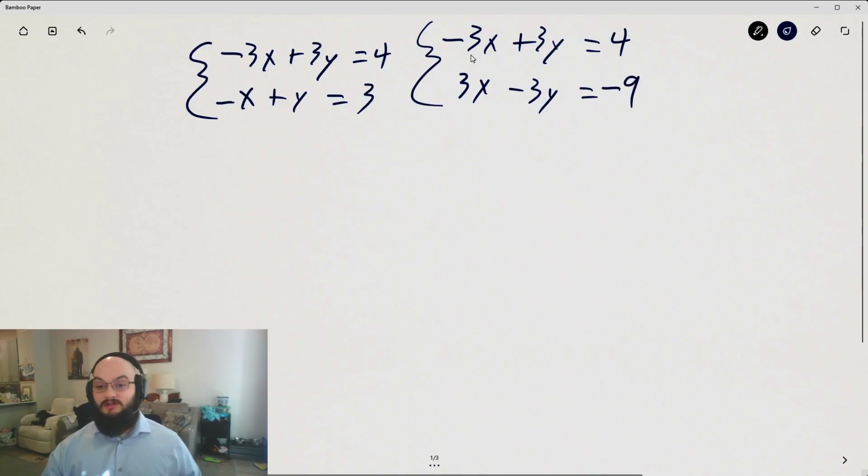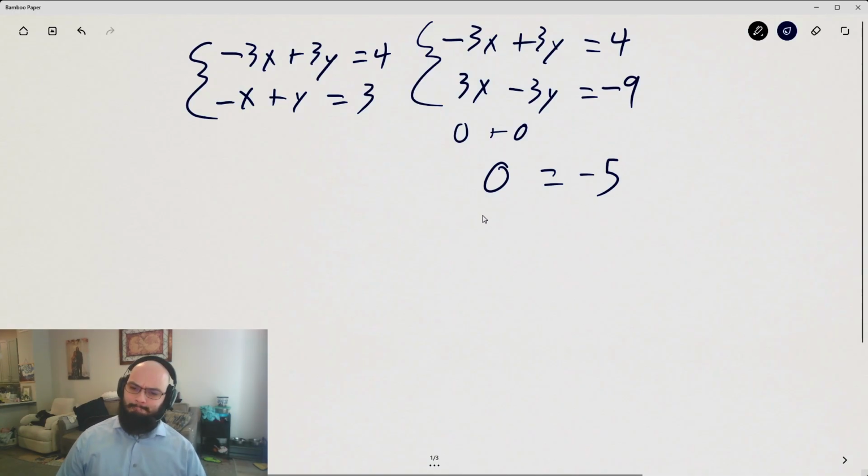Now, when we do our addition, the x's will cancel out and we'll be left with 0. The y's will also cancel out and we'll be left with 0. So this whole side is equal to 0. Adding these together, we get negative 5. Well, 0 isn't equal to negative 5, and there's not any value we can plug in that would make 0 equal to negative 5.